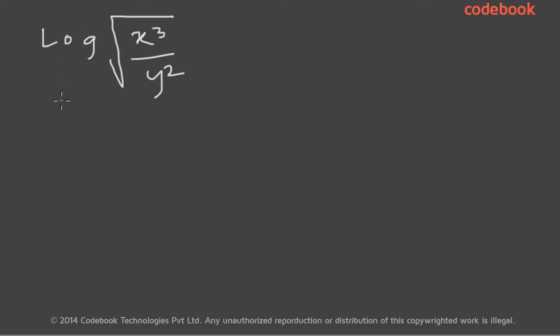The next problem that we will solve is we have to expand this expression. So let's first try to simplify this algebraic expression, which is square root of x cubed by y square. So this is nothing but log of x cubed by y square whole power 1 by 2.